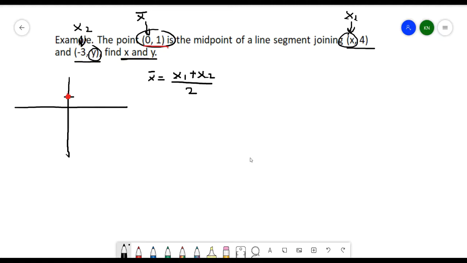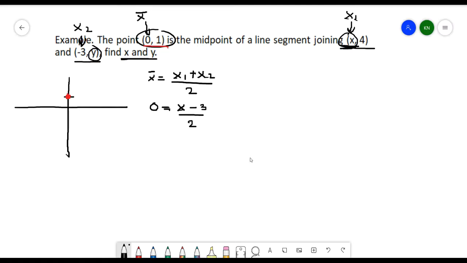So we can substitute that into our equation in order to find the value of x. So we have 0 is equivalent to x, which is the unknown, plus our x sub 2, which is negative 3. So we can just change that to minus 3, and that is divided by 2.